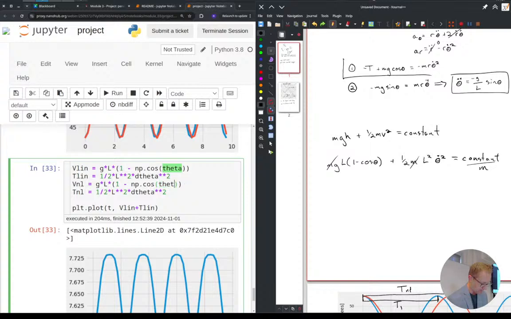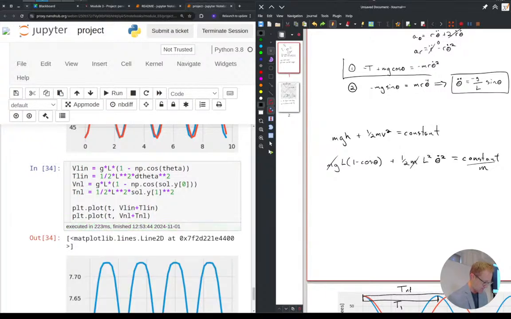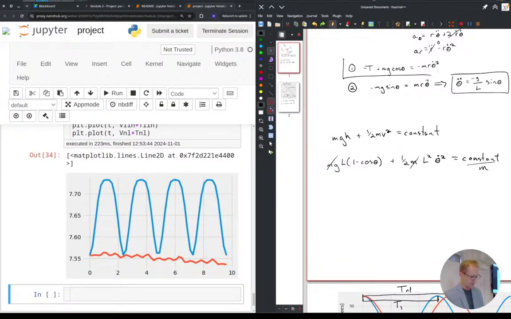Instead of theta, I'll call this sol dot y 0, and this one's going to be sol dot y of 1. And there we get a little bit more of a constant. It's still not quite constant, but it's closer to a constant value than that first solution we got from adding up those linear solutions.